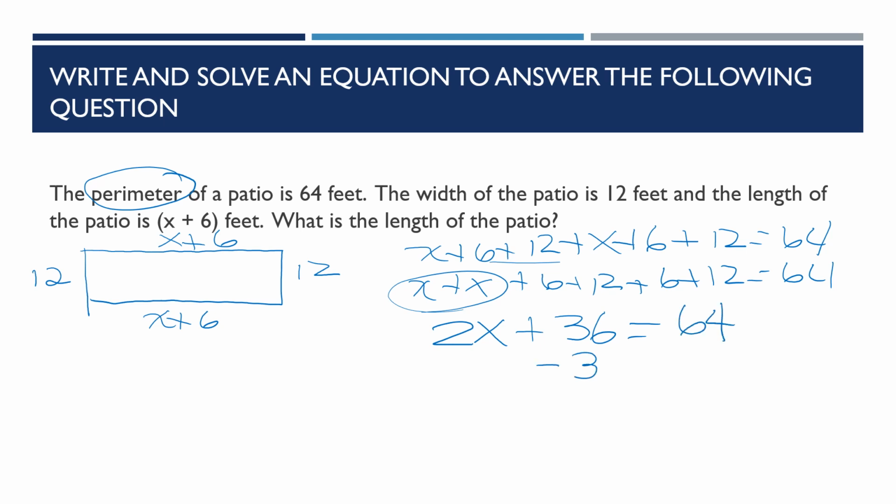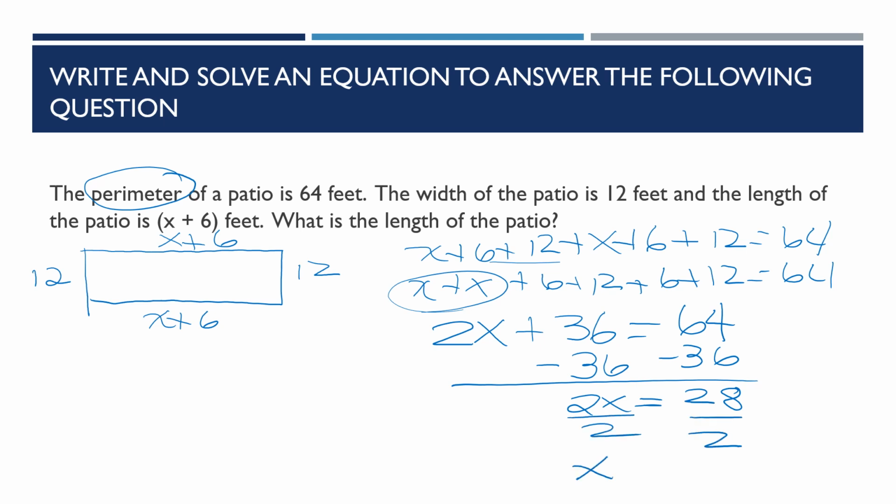And I'm going to subtract 36 from both sides, and that is going to give me 2x equal to 28. I'm going to divide by 2. X is going to equal 14. Now the question is asking, what is the length of the patio?